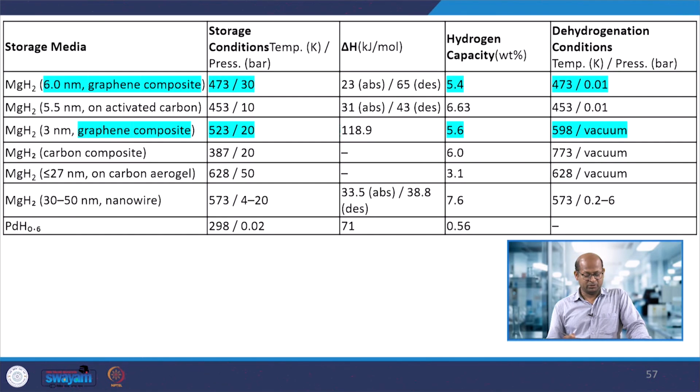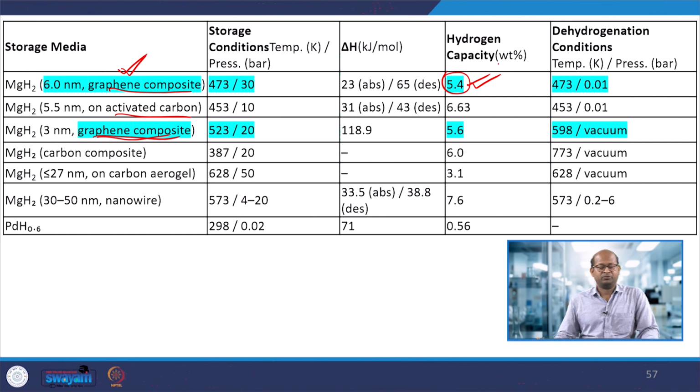Here even graphene composites or graphene oxides, or activated carbons, we can also use as a catalyst or nanomaterial with the magnesium hydrides. That can also reversibly store a good amount of hydrogen. Here activated graphene oxide was used, and it can store 5.48% of hydrogen, and when activated carbon was used, 6.63, and graphene oxides or graphene composites.